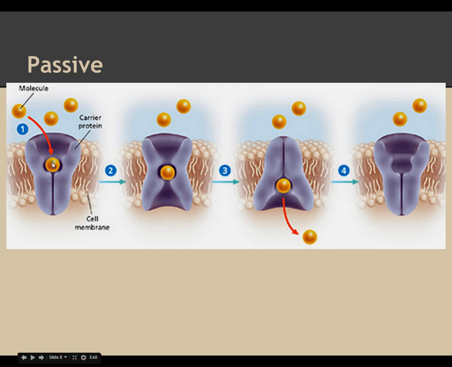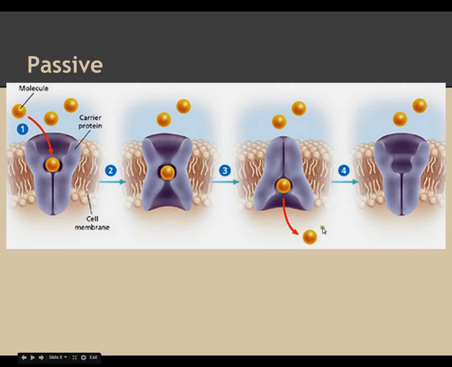So in this case, if these yellow spheres are sugar molecules, then as the sugar molecule sits down, and you can think of this as the active site, it causes a change in the shape of the protein. And that change in shape sort of pushes the molecule into the cell.